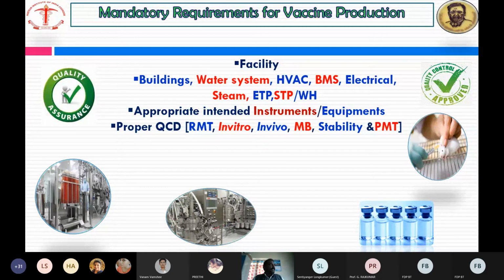In vitro we can do estimation analysis, and in vivo using animal experiments. Next to that, the microbiology block for the entire environment monitoring, and also to assess the microbiology aspects of water, steam, personnel, gowning, and air.